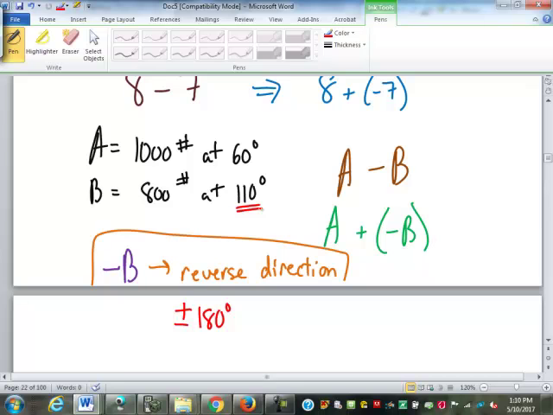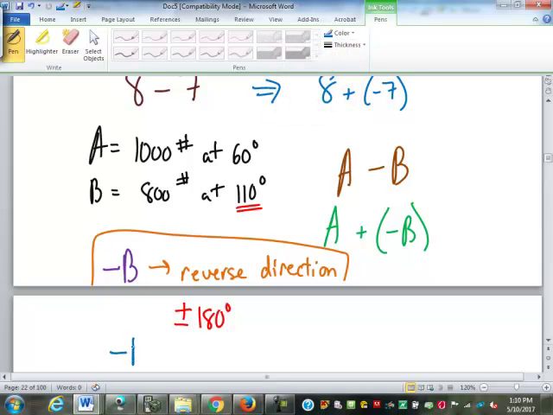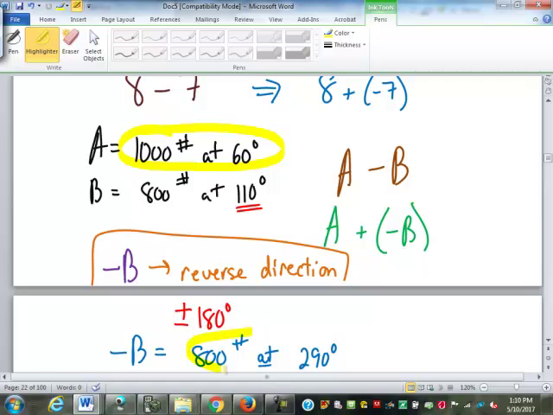If the angle is more than 180, we would subtract. So the opposite of B here is 800 pounds at 110 plus 180, which is 290 degrees. So I would just take 1,000 pounds at 60 degrees plus 800 pounds at 290 degrees. And that's A minus B. So I'm just adding the opposite.